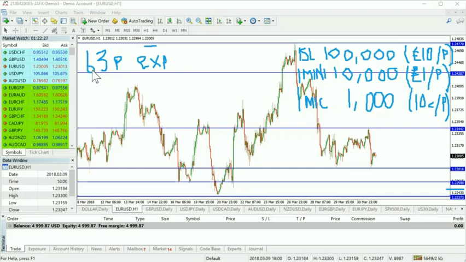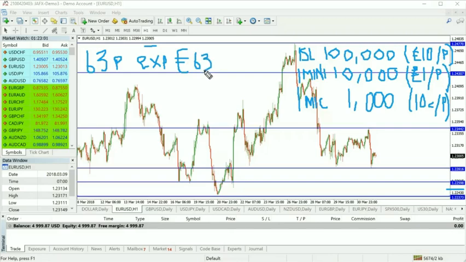So what we do is we'll times this by 63. So what that means is our exposure for a 1 mini lot trade would equal 63 euros. So it's just the number of pips times your pip value, which in this particular occasion, because we're trading 1 mini lot, it works out as €1 per pip movement. So for that, our exposure is 63.